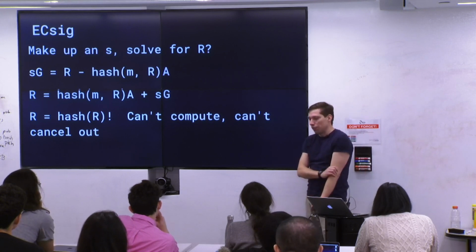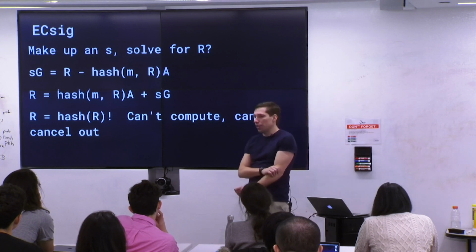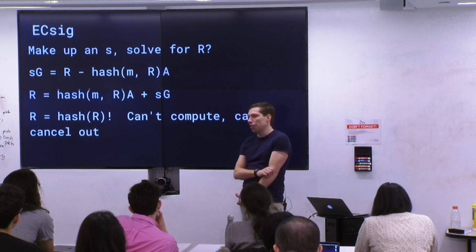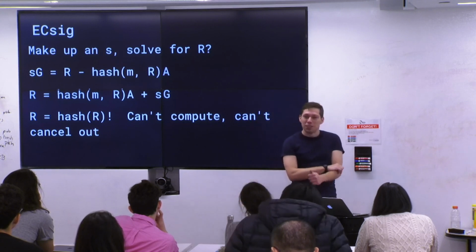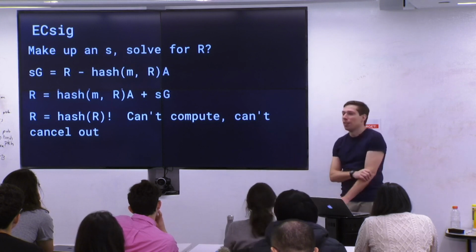There is one sort of footgun with EC signatures. If you use the same R value for different signatures with the same pub key, you reveal your private key. So K has to be random and new every time.